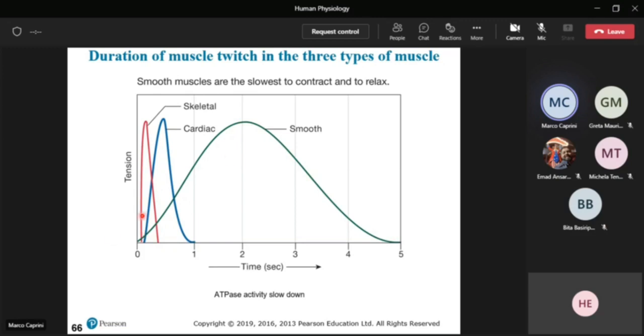And this characteristic is due to the ATPase activity. The ATPase activity of the myosin in the smooth muscle is slower compared to the skeletal muscle.